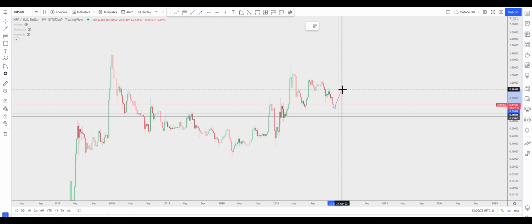We go up to make a lower high. So we go up a little bit. And by the way, we have the big boss, which is still the big boss in the middle way for XRP. This hasn't changed. Right here, 1.89, right? So this is the battle of midway for XRP.